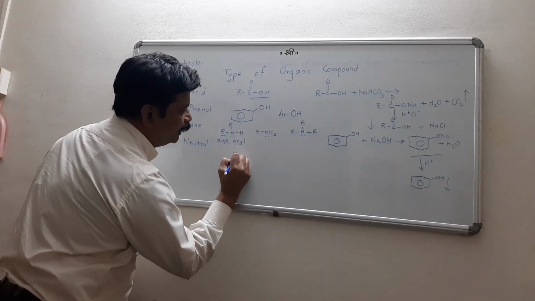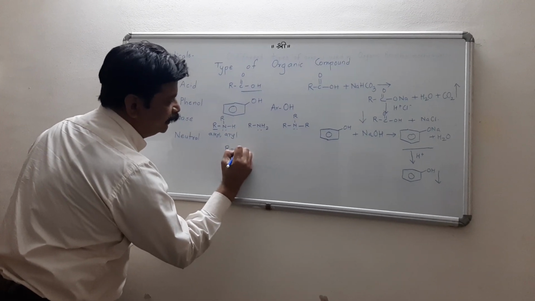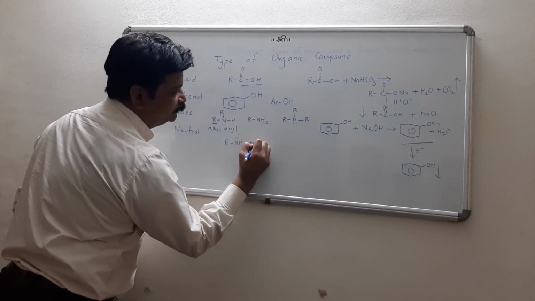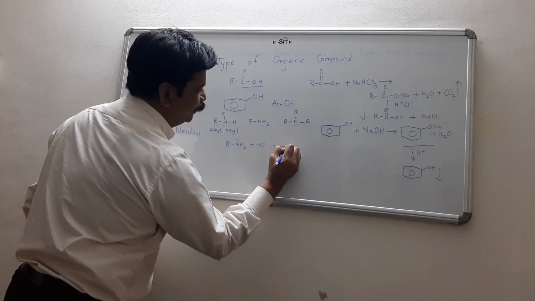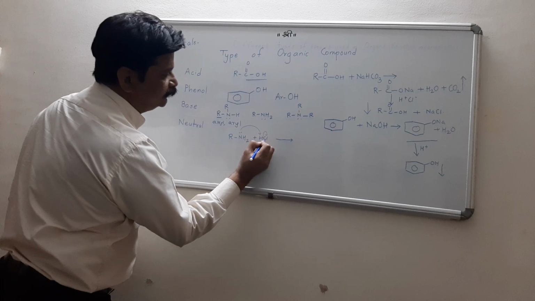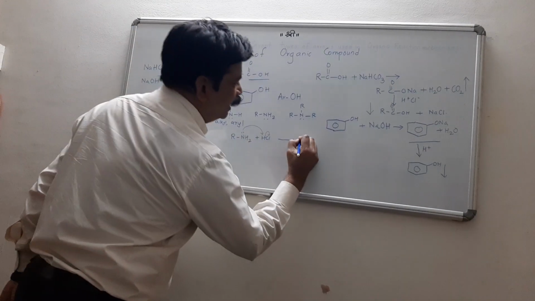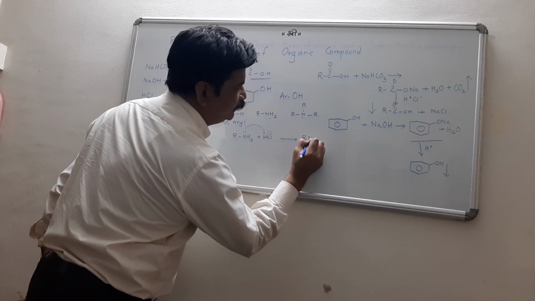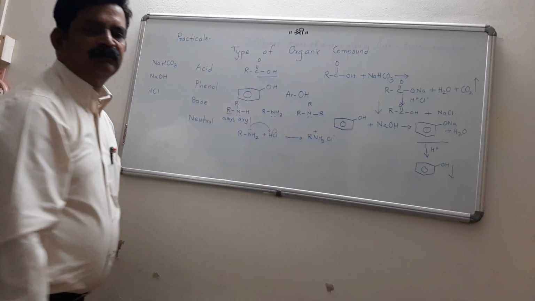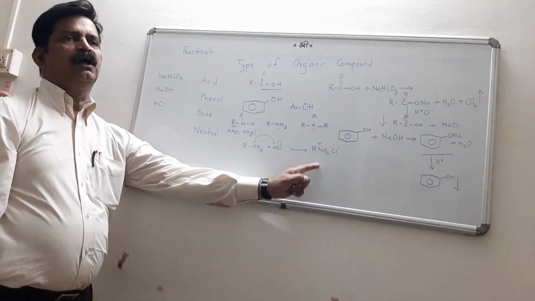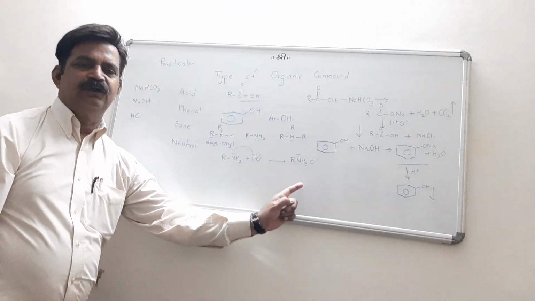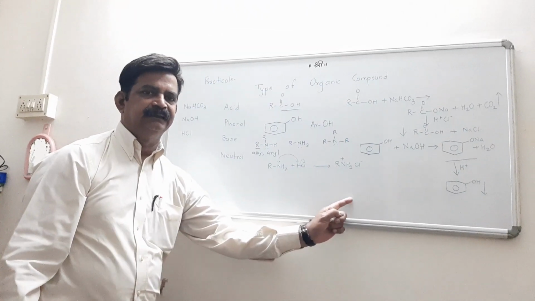When I'm writing a primary amine, when primary amine reacts with HCl, the lone pair is given to H, and the bond between H and Cl is broken. It gives RNH3 plus Cl minus. This is ammonium salt. Ammonium salt is again a salt of sixth group in inorganic analysis.